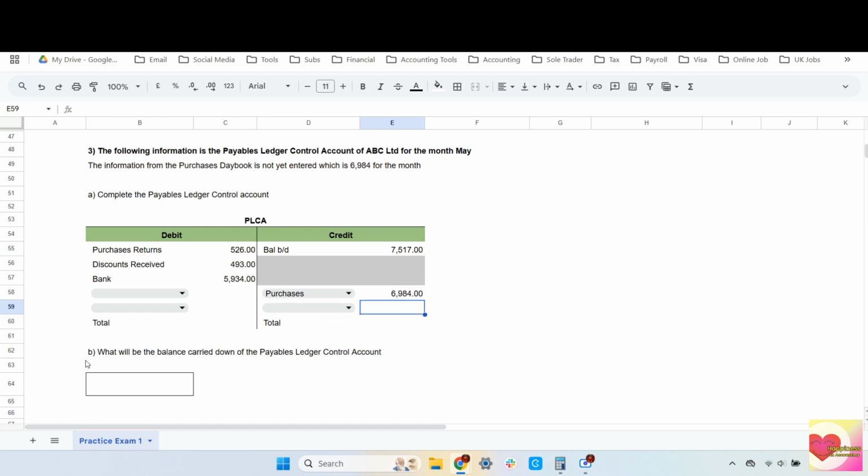Next, letter B, what will be the balance carried down of the payables ledger control account? So let's balance the account to get the balance carried down.